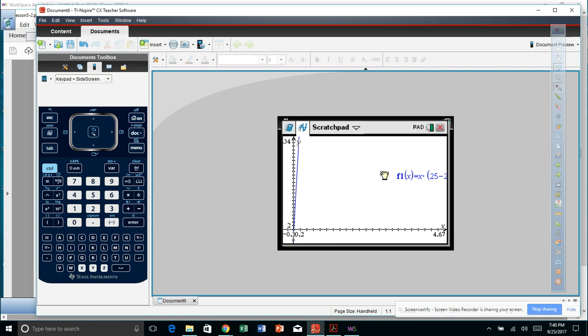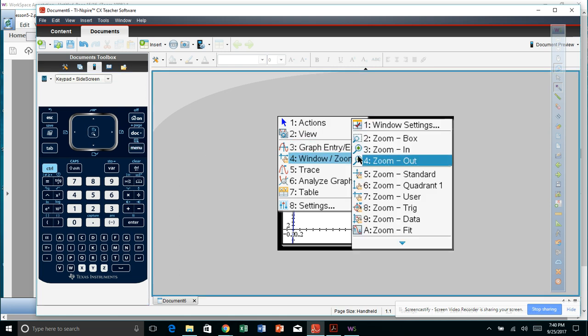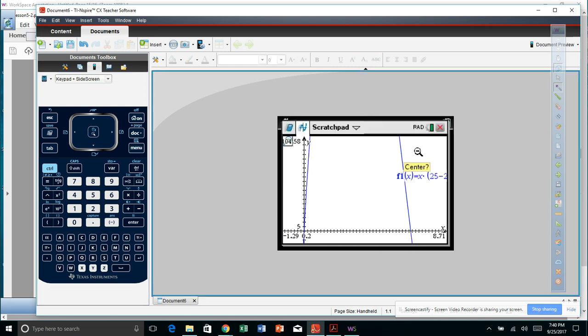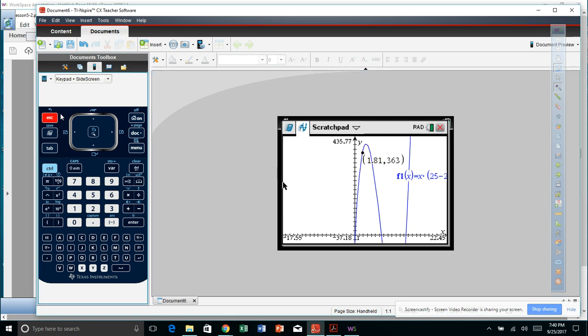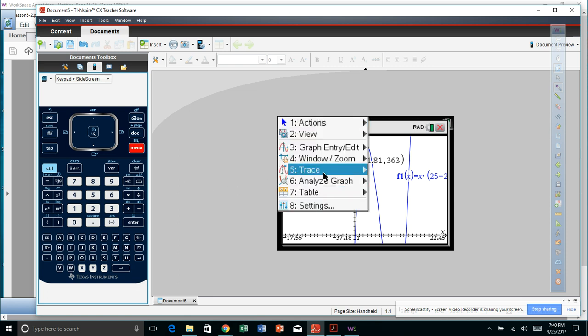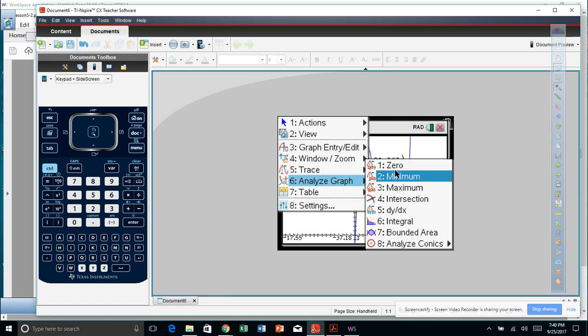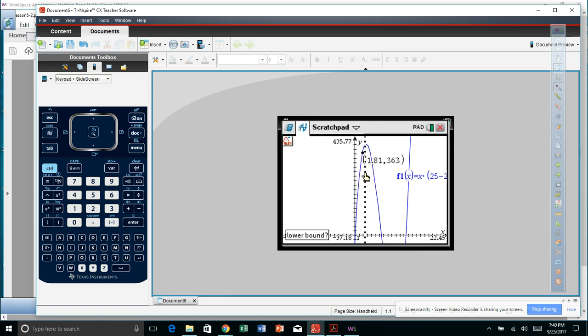We know that x is less than 6.5, so we'll go menu, 4, and grab it. It gets way up there, doesn't it? Escape. And then menu, what's the max? It's going to be 402.